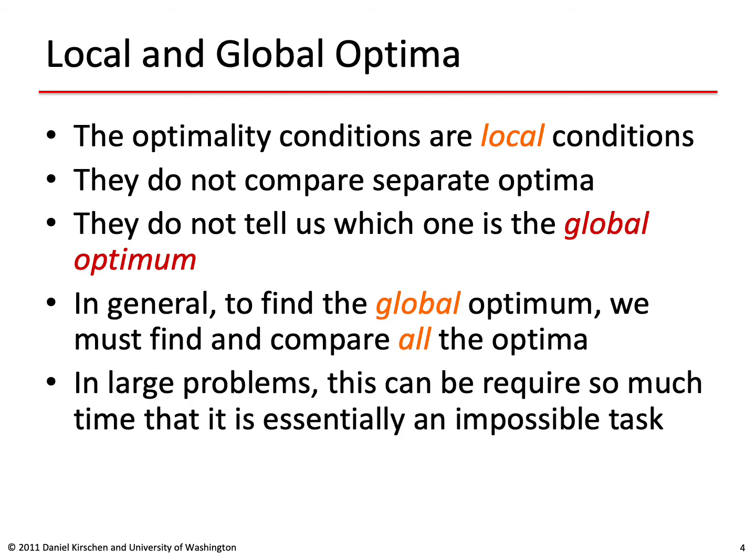Needless to say, in a large problem, this can be quite a task that requires a large amount of computing time, because there may be lots and lots of optima, and it may require so much time that it becomes essentially impossible.